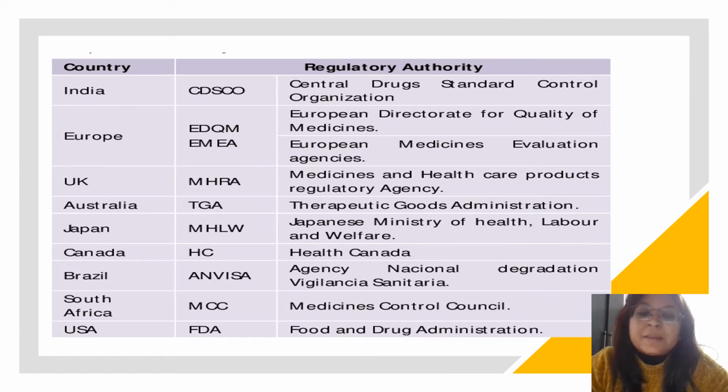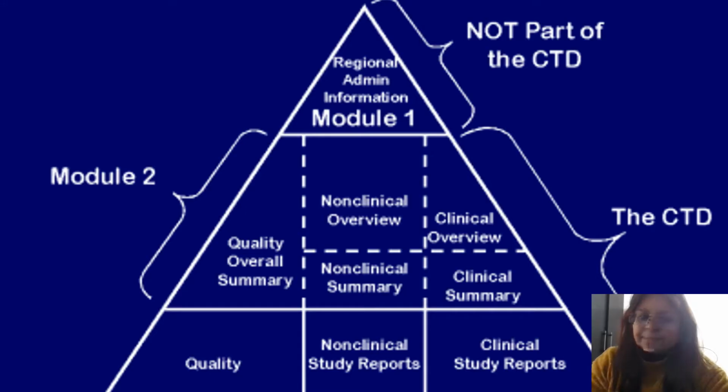For Japan it is MHLW, Canada HC, Health Canada, Brazil ANVISA, South Africa MCC, Medicines Control Council, US FDA. These are the specialized regulatory agencies present in these respective countries. If any pharmaceutical company wants to market their product in a country, they need to get the approval and authorization from these regulatory bodies.